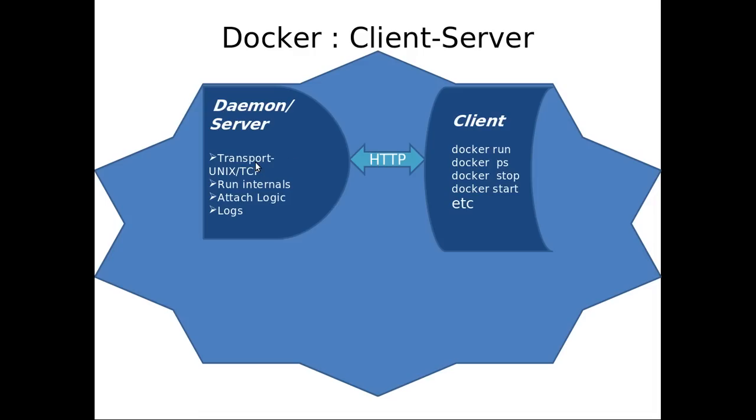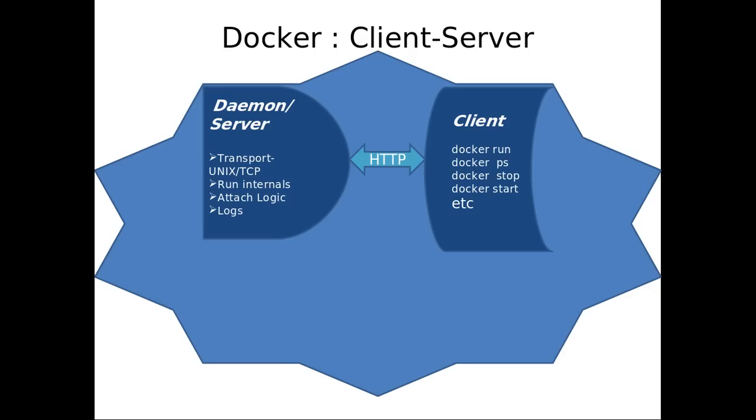So it means right now the server is running. So again, how it is working actually: take a request from the client and build a tar file of the image, open a Unix socket to create a Unix process or container, using TCP over HTTP, and run the internals of the container, attach logic and logging info. So create a container.